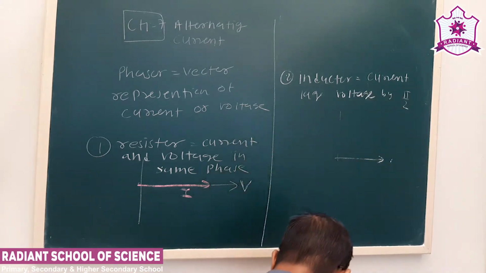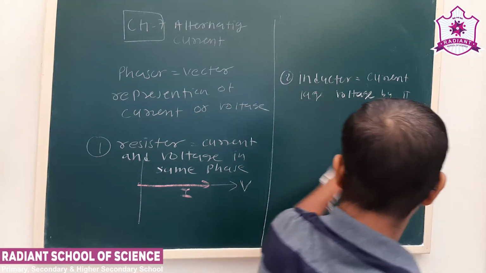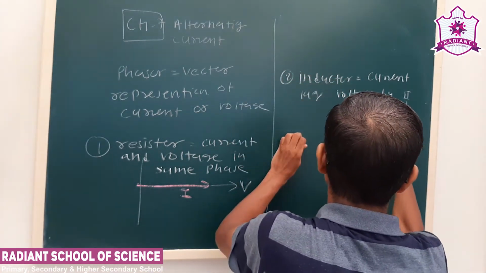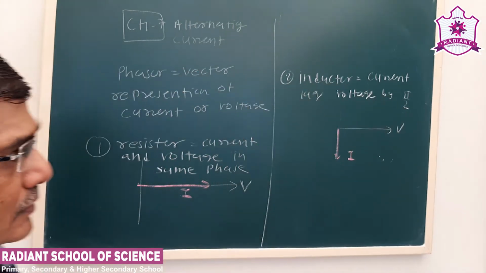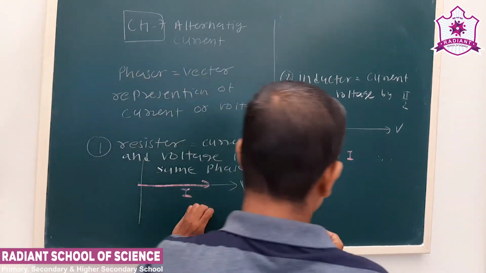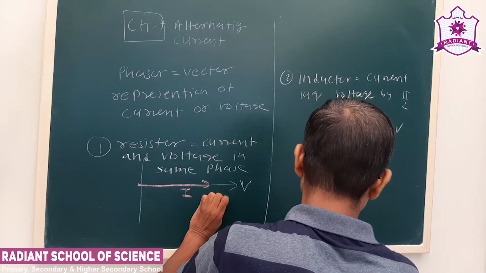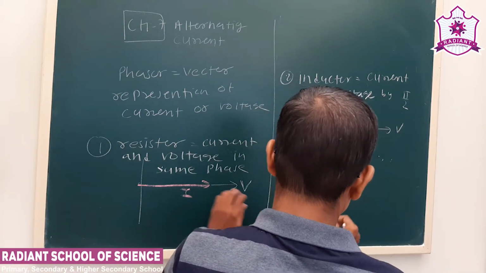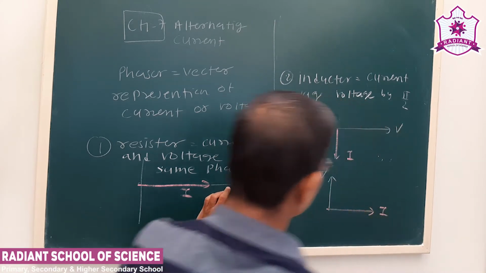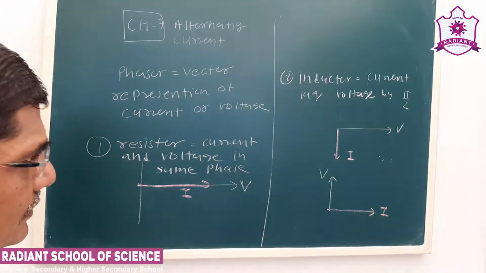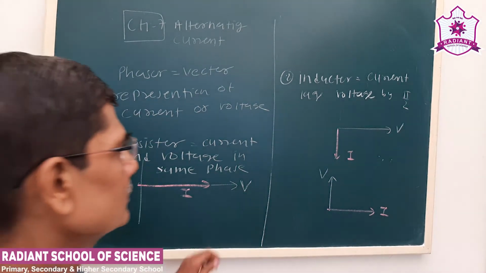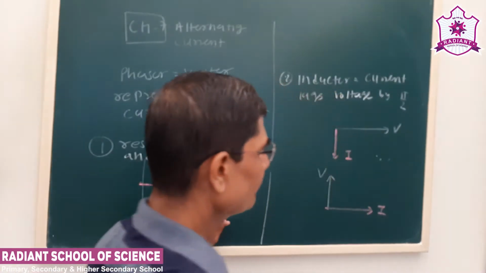We can see current is behind the voltage, or if I take this as a voltage phasor, the current phasor will be like this. So in an AC circuit with only an inductor, current lags voltage by pi by 2.